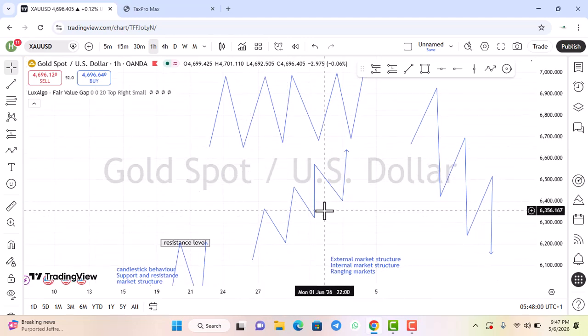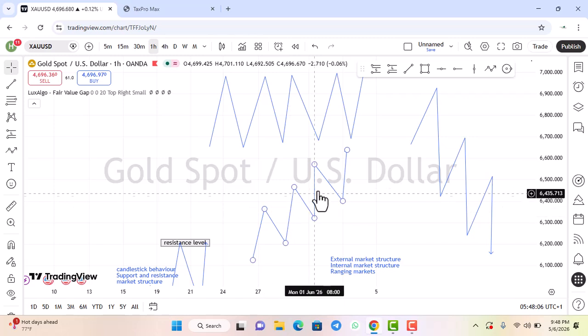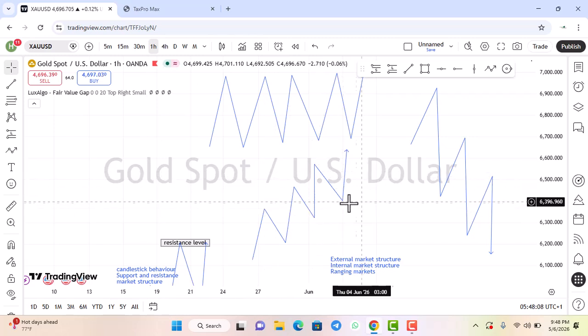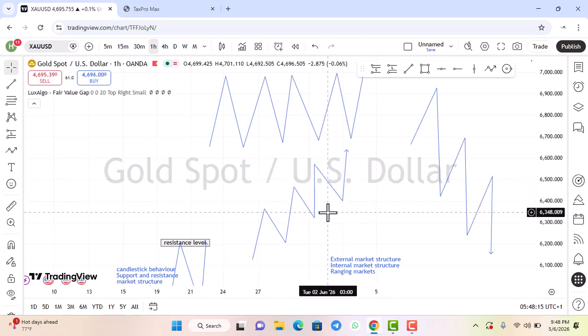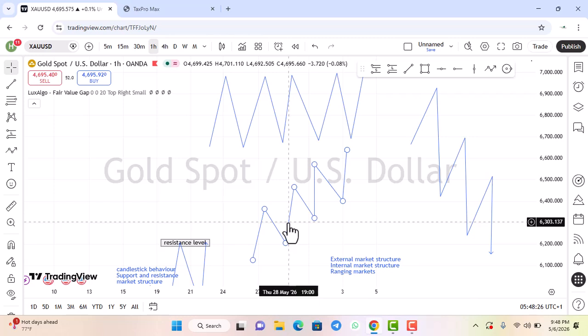Now there is something that most traders don't really understand. This zigzag that you are seeing here, if you go to the chart, this is not how you see it. It's somehow a little bit dynamic. Why? Because we have internal structure and we have external structure. Basically, the chart that I drew here is external structure.